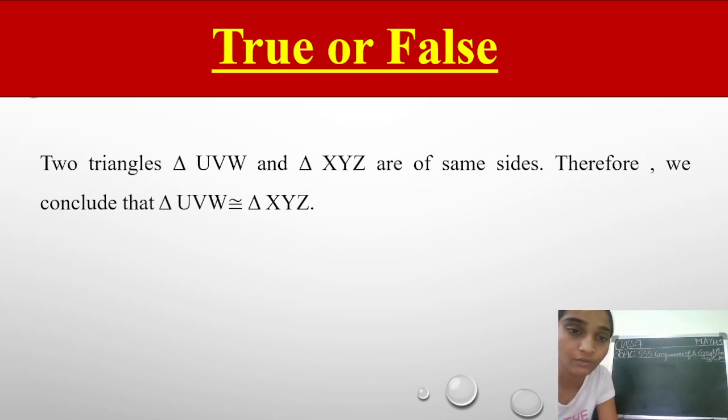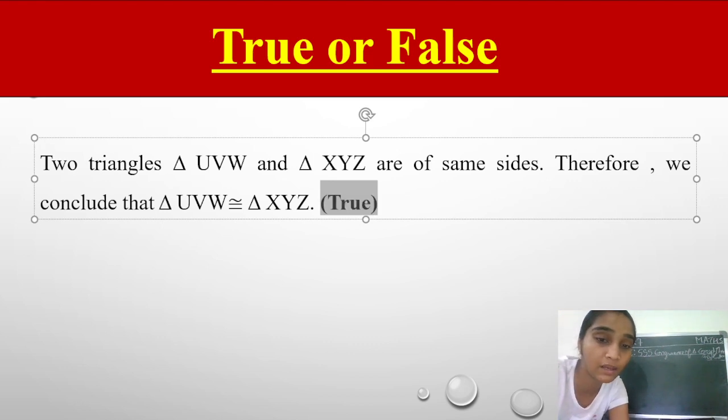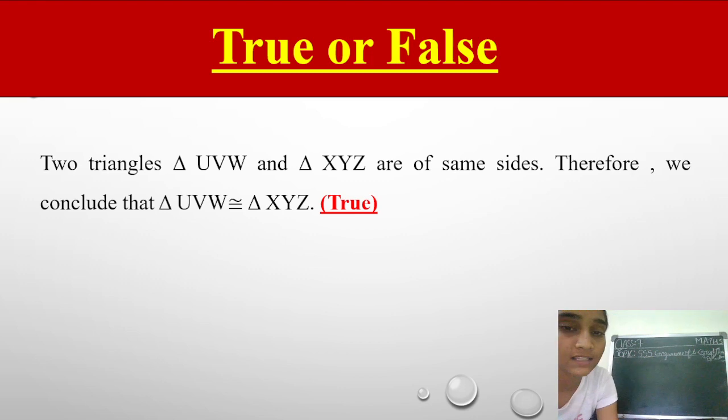Yes students, if you are saying that this is a true statement, you are correct, because they are having the same side. It is enough for us to say that these are congruent, and especially by which rule? Yes, we can say SSS congruence of triangle.